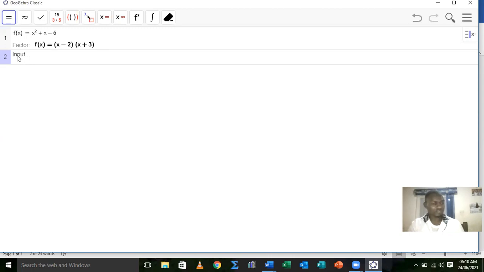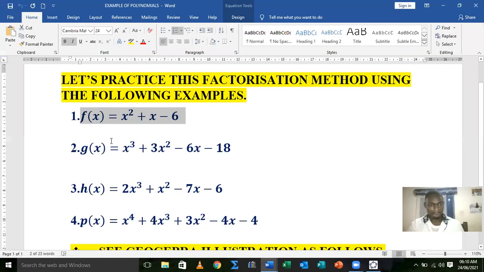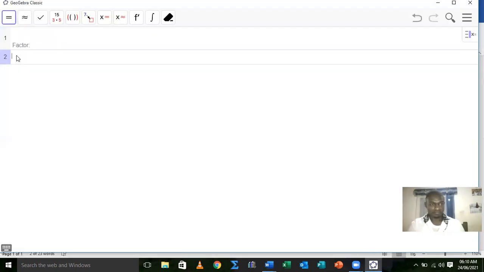We input the polynomial also. That polynomial gives us a cubic polynomial. Again, we do the same.